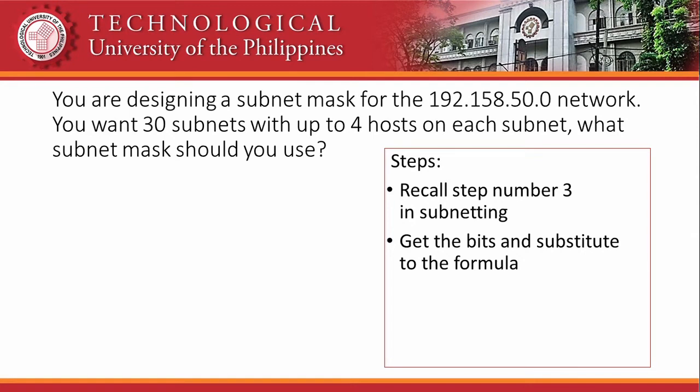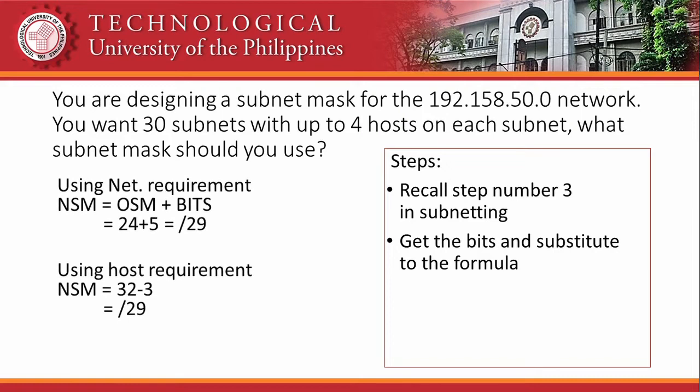Paano natin kinukuha ang new subnet mask? Through our formula, na kapag network ang requirement, NSM is equals to OSM plus bits. Tas kapag host naman given, NSM is equals to 32 minus bits. We can use any of them, so walang problema dun. So our new subnet mask is /29.